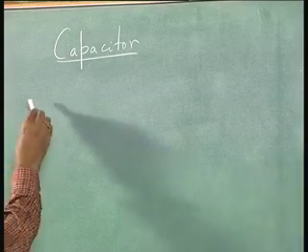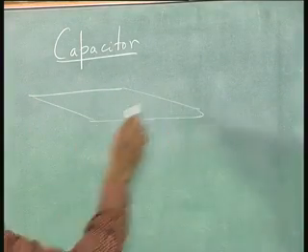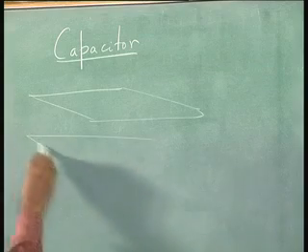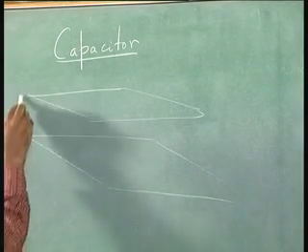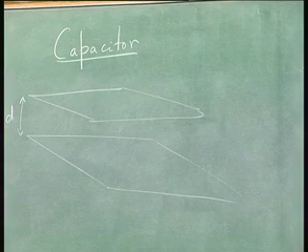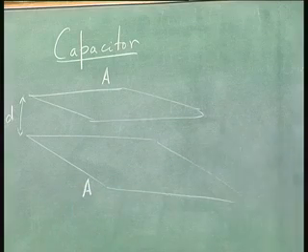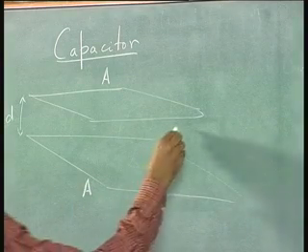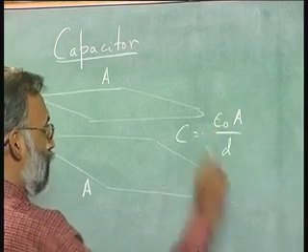You have already seen it in many places. Supposing you have 2 plates, and the plates are separated by a distance d. The plates have an area A. I am sure you have seen the formula, C is equal to epsilon naught A over d.